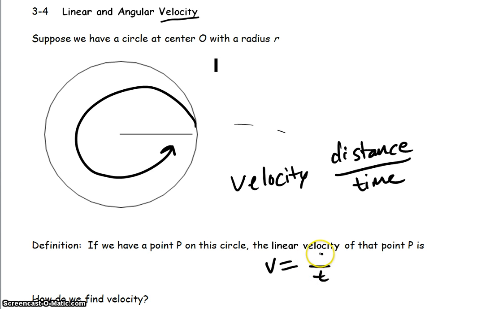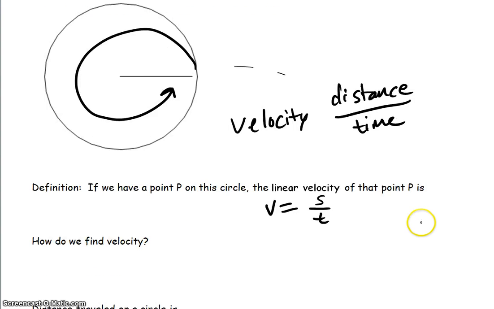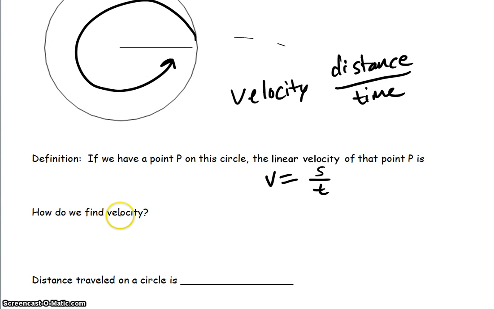That distance is going to be arc length. It's the distance around the circle that the point goes.